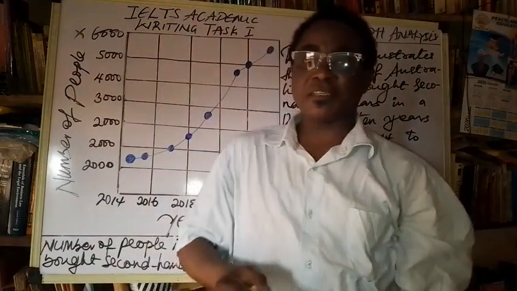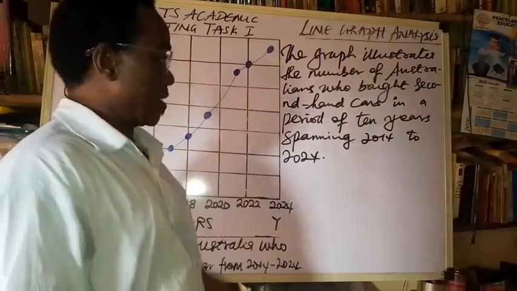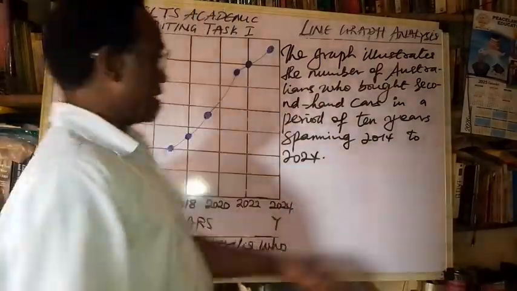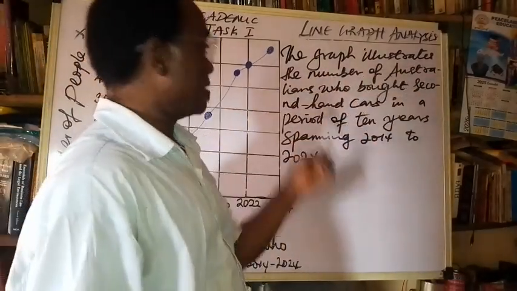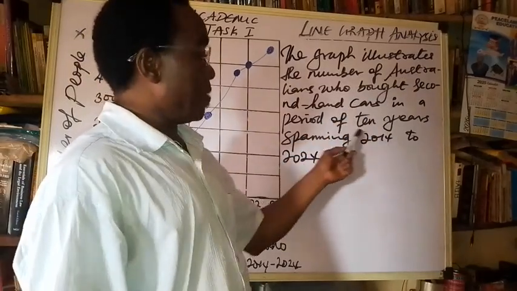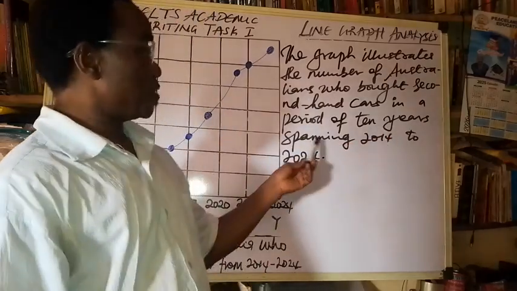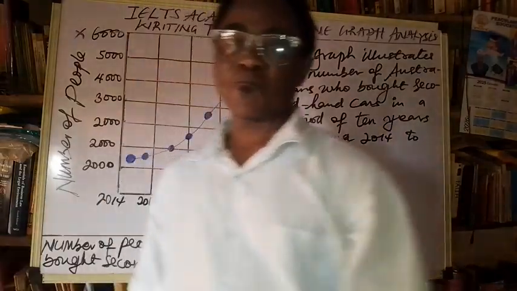And so as we can see, the intro, we can call this the intro, and it says, the graph illustrates the number of Australians who bought second-hand cars in a period of 10 years, spanning 2014 to 2024.